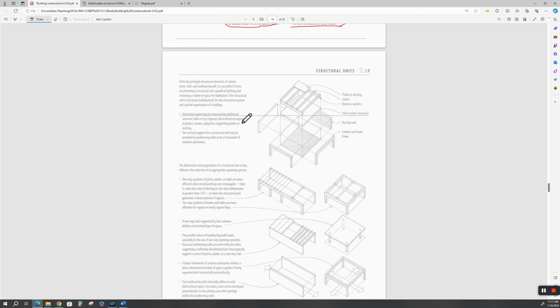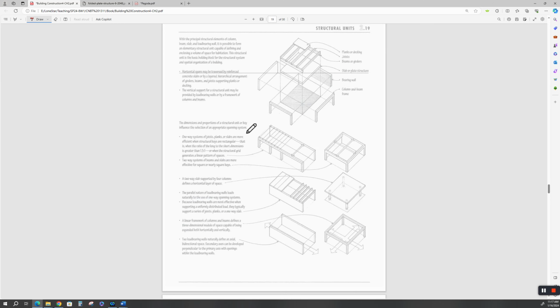Okay, vertical support, it talks up here for you. Your horizontal spans may be transverse. I think that's pretty self-evident there. One-way system of joist. This is a one-way system. Joists are mostly one-way systems.